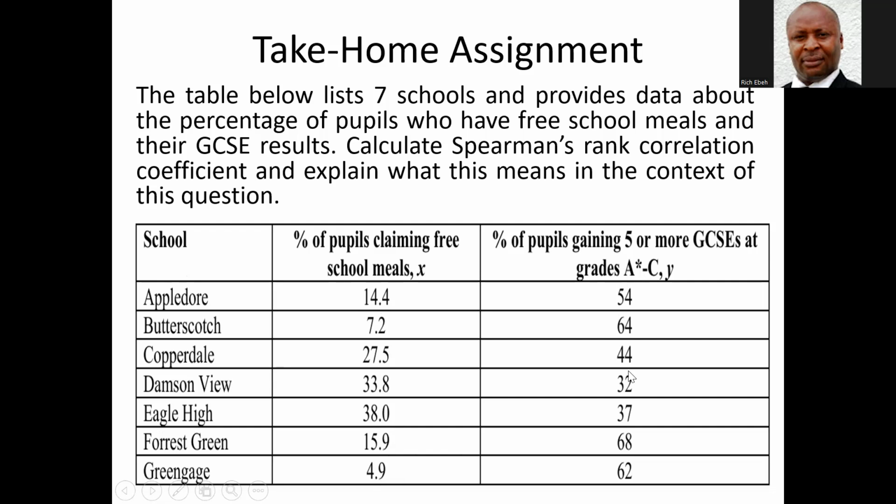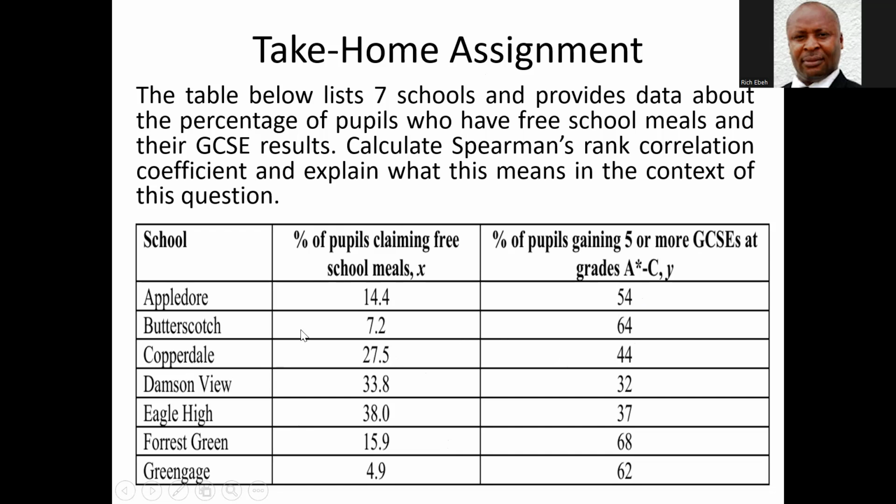So you can see the pupils gaining 5 or more GCEs, the number of pupils that gain 5 or more credits in, let's say, WAEC grades. You can see them in Green Eagle High, 37. Even with their high free school meal, they still got 37. While Copperdale, which is somewhere in the middle, not too high, not too low, has 44.